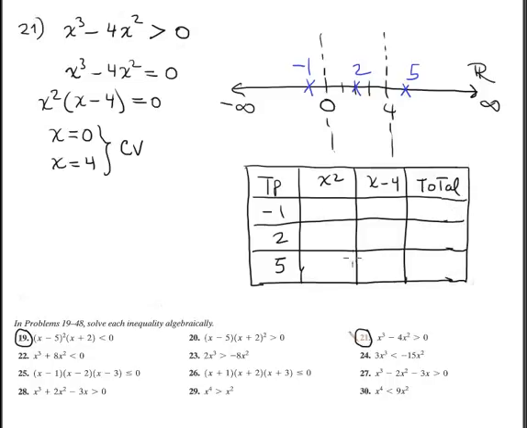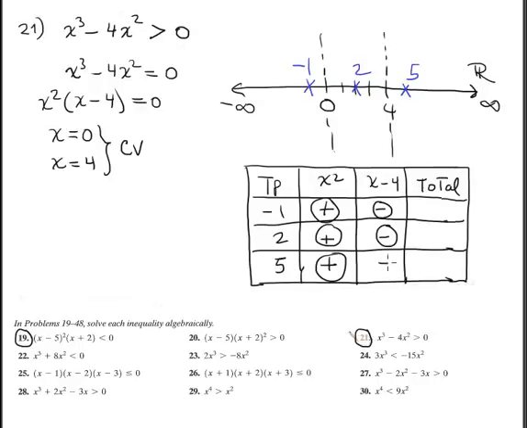And let's analyze the signs. Okay, the sign is positive here, always, because it's a square. Doesn't matter the sign of the number. And this, let's see what happened. This is minus, because -1, -1 minus 4, -5 is negative. 2 here, 2 minus 4 is negative again.